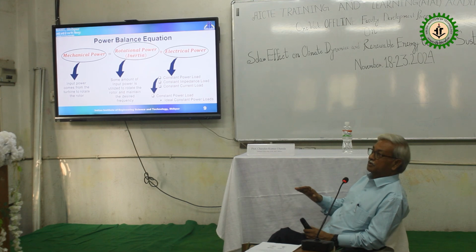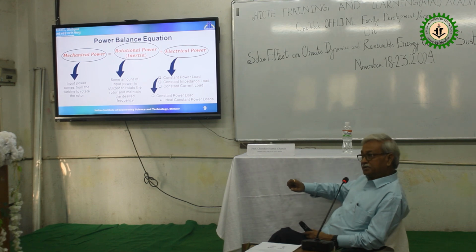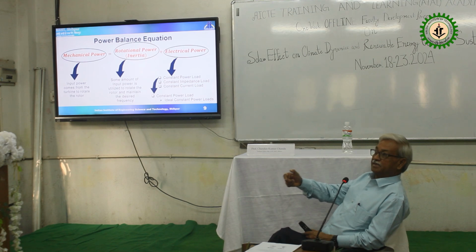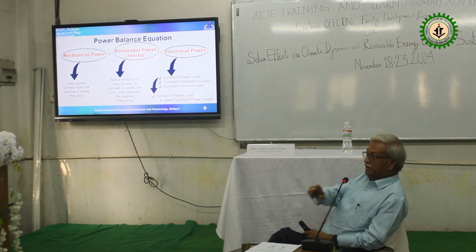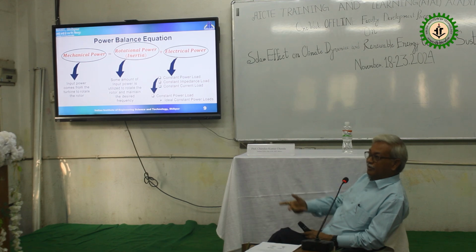That's a very simple philosophy. The turbine blades are directly coupled to the alternator, which has a DC field coming from static excitation. The field is rotating with the turbine, the stator conductors are static, Faraday's law acts, and an electromagnetically induced voltage is produced.